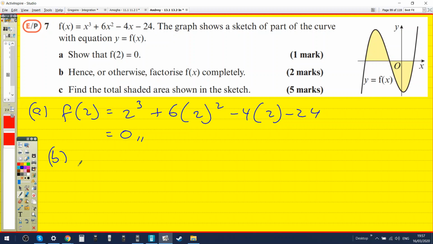And so that would be x plus 6, and then x minus 2, and then x plus 2.